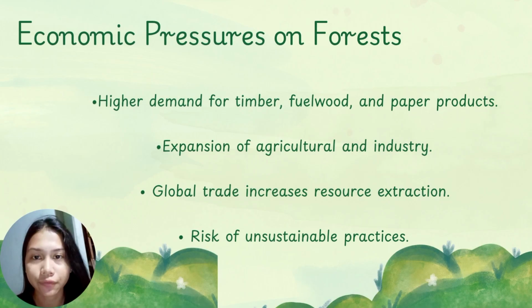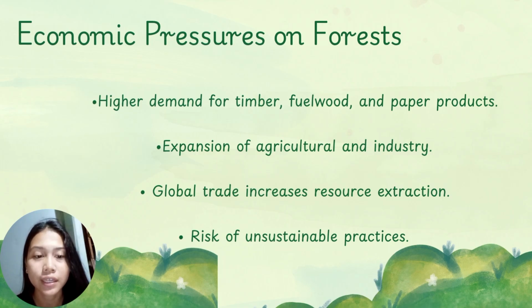Economic pressure on forests. First is the higher demand for timber, fuel wood, and paper products. Second is the expansion of agriculture and industries. The third one is that global trade increases resource extraction. The last one is the risk of unsustainable practices.